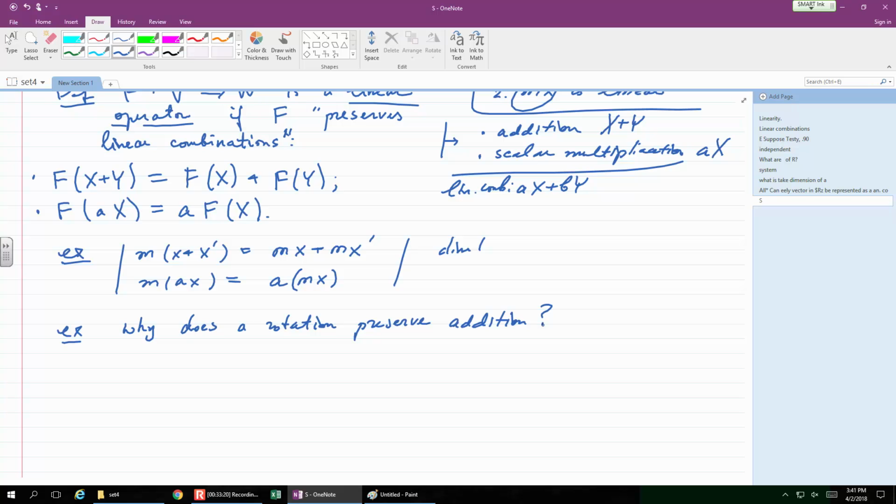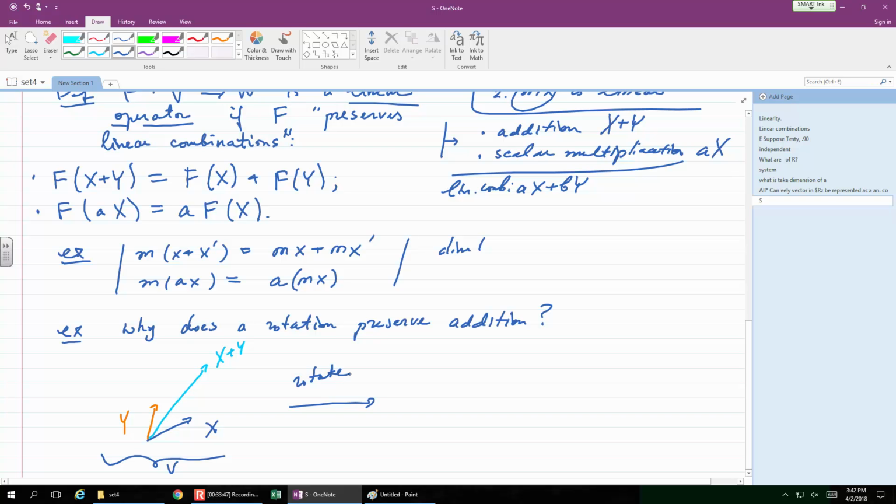Because everything rotates. That's right. That's the way to describe it. You have two vectors, say x and y. You add them together, you get the third vector, x plus y. This is happening in V. Okay. Now rotate.